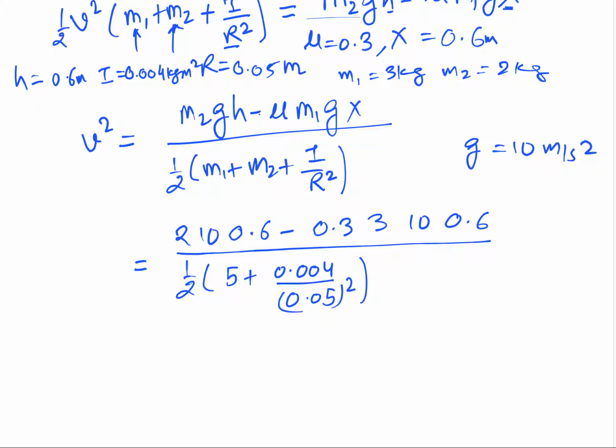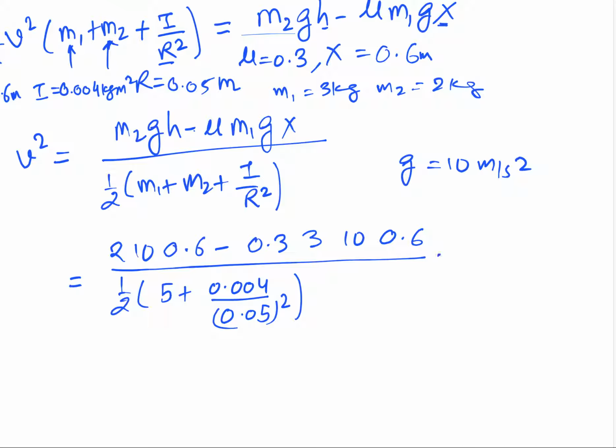Why can't I do that math in my head? Let me see. So that's 6, right? Times 2 is 12, minus 0.9 times 5.4 basically, right? You can do it on your calculator.